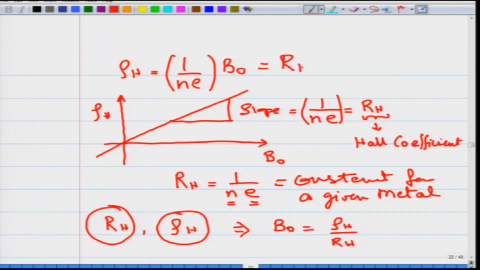This is Rh into B naught. So, if you measure this and you already know Rh of the material, you can immediately find out the unknown magnetic field.